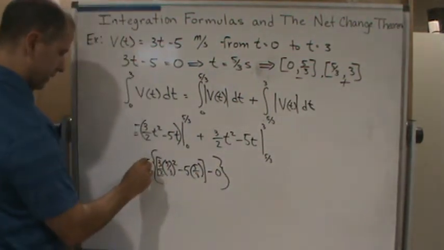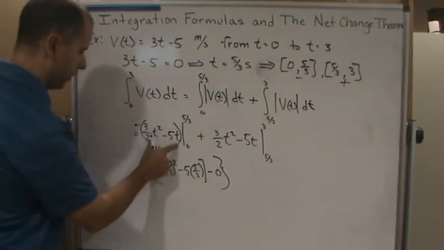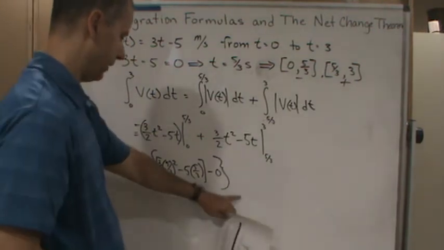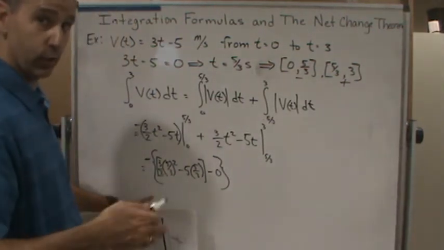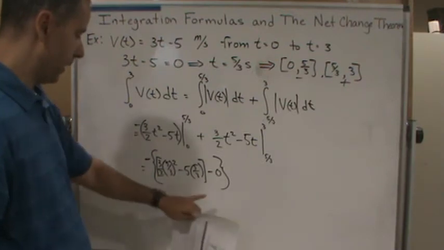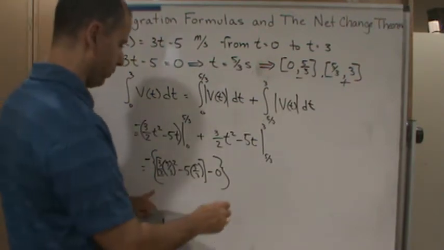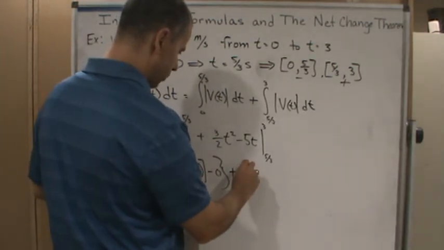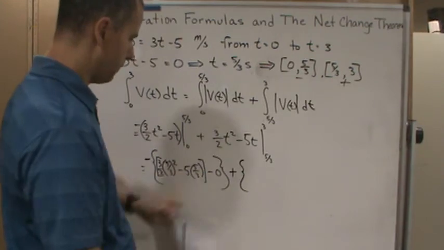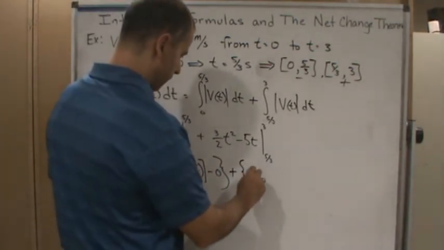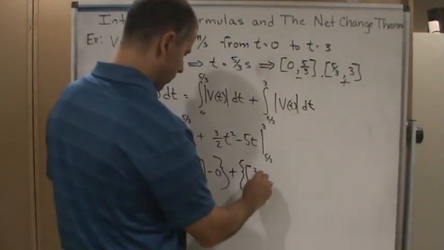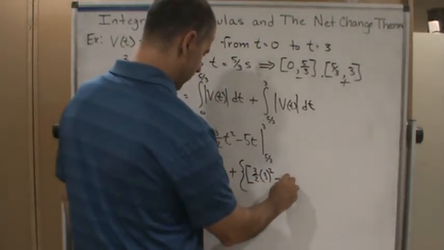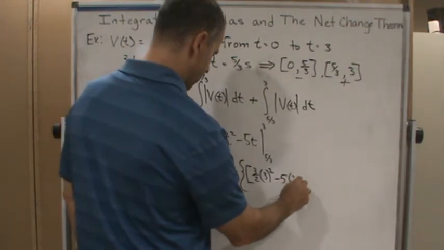So I'm taking the negative of that whole thing, right? So this whole thing is equal to this whole thing. I'm taking the negative of it. Okay, so just be careful when you're writing things out, try to be meticulous about what you're writing down so you don't make any mistakes. Now I'm going to add, now I've got to take care of this part. So this is going to be 3/2 times 3 squared minus 5 times 3.